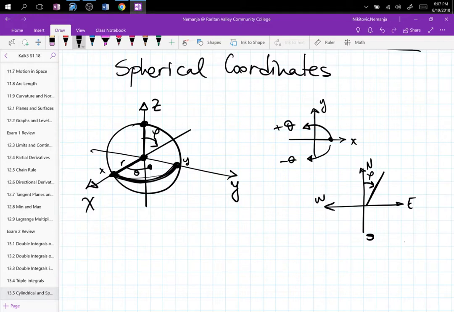When I create my circle using polar coordinates, which is draw out R and then 2 pi around, that creates a circle. Once I have that circle, I'm going to flip it by pi.